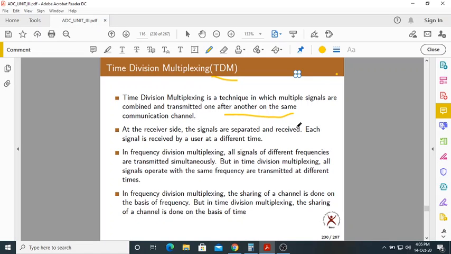Time is divided among the users, and the sharing of the channel is based upon time. In frequency division multiplexing, the sharing of the channel is done on the basis of frequency. We have seen that already. But in time division multiplexing, the sharing is done based on time. Time will be shared among the given multiple users.